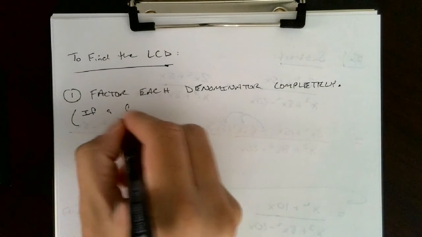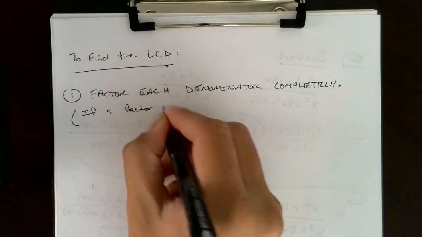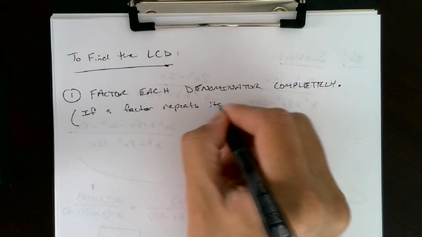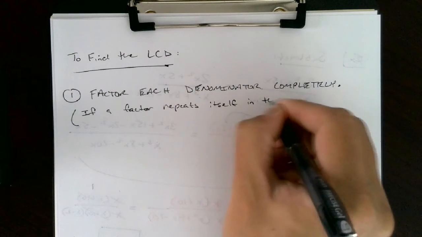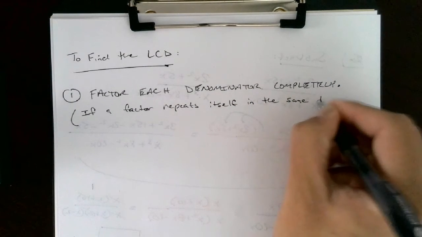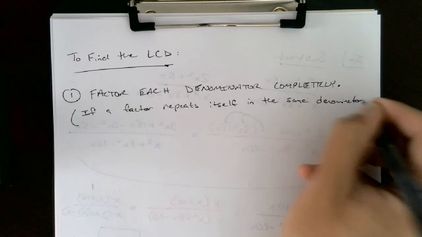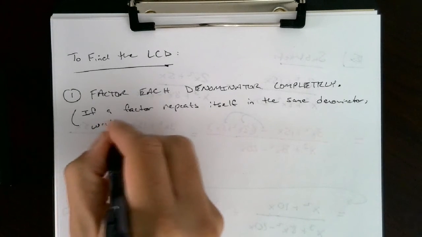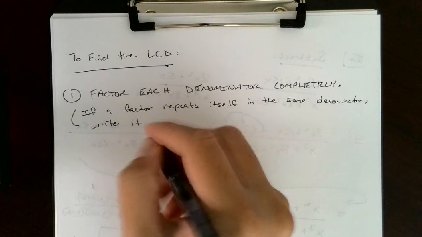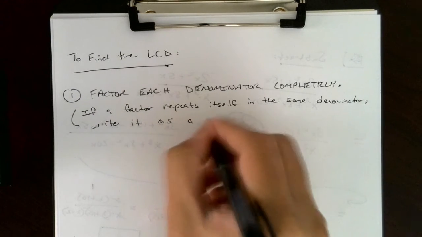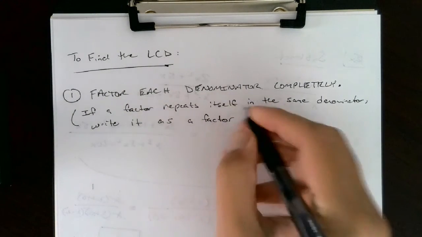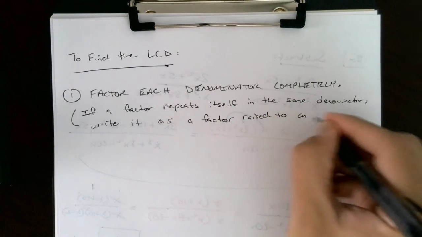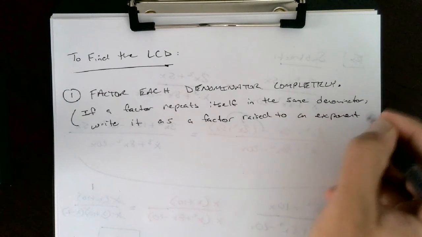If a factor repeats itself in the same denominator, so you're factoring one denominator, but that factor repeats, you want to write it as a factor raised to an exponent.